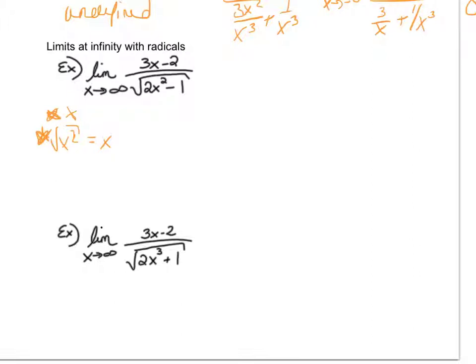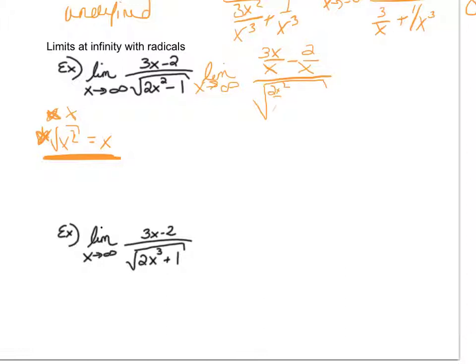So rewriting this, I get the limit as x approaches infinity of 3x over x minus 2 over x, all over, I still need the radical, so now I'm going to have 2x squared. Because it's under the radical, just like I pointed out over here, I'm going to have to put it as x squared, which under the radical is technically an x.